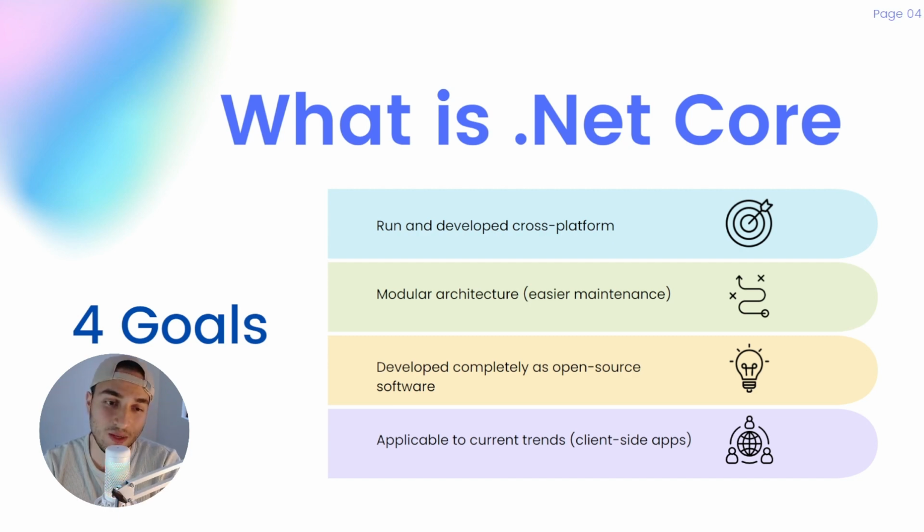And finally, it is also applicable to current trends such as client-side applications. There is something called Blazor, which enables .NET Core to, instead of using server-side rendering as its main type of rendering, also use client-side rendering. But this is confusing by now, right?